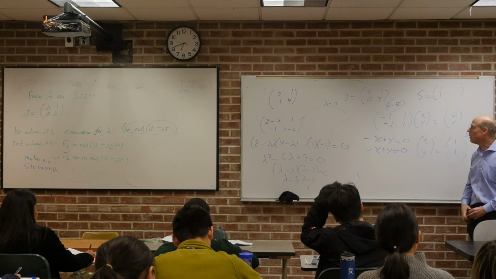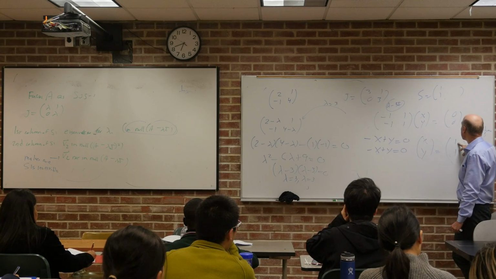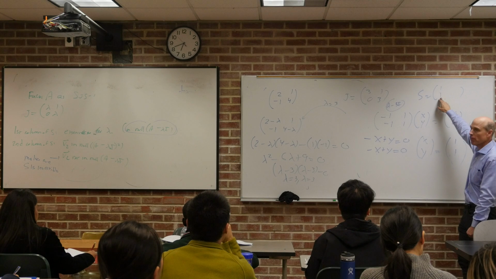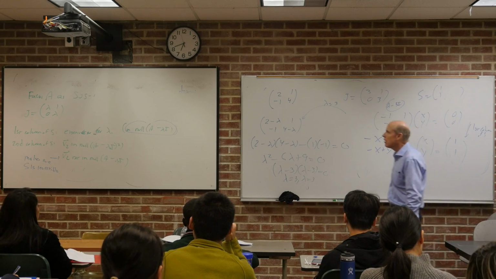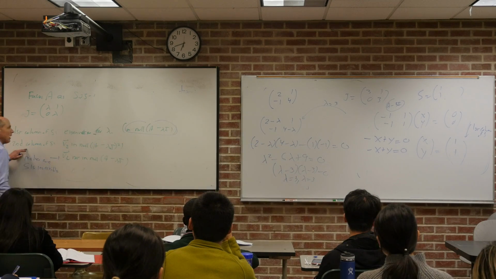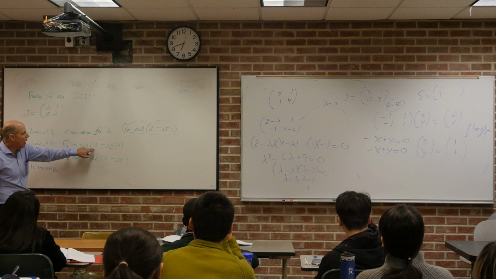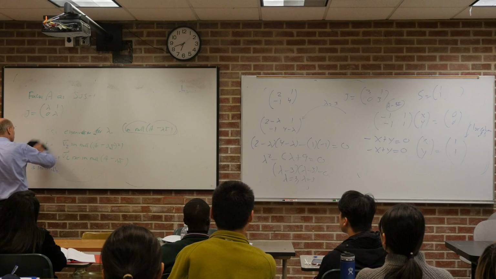So all this is straightforward. You've got lambda equals 3 as an eigenvalue. Its corresponding eigenvector is 1, 1, and that makes the first column of S. And that second column is going to be a little bit different. For the second column, I have to do A minus lambda I squared, and then pick something in that null space.